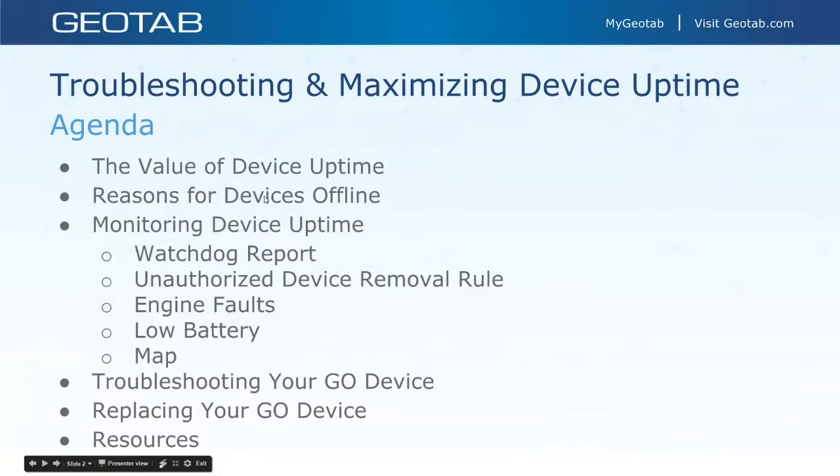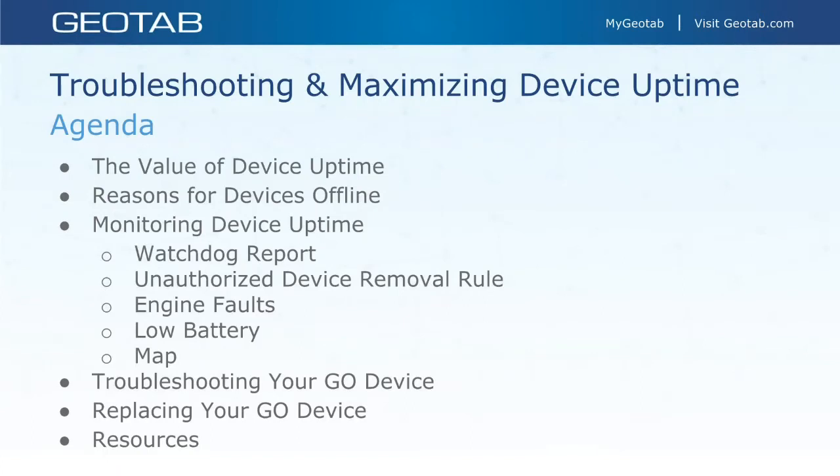Let's go over our agenda for today. We're going to get a little bit into the value of device uptime. Maybe it's self-explanatory, but why is it so important for you to make sure that your devices are online? We're going to look at some different reasons why devices could go offline, and then give you some different tools to use in the database to monitor if the devices are online and communicating, including the Watchdog Report, a couple of rules that you can look at, engine faults, low battery, and also looking at the health of your devices from the map screen.